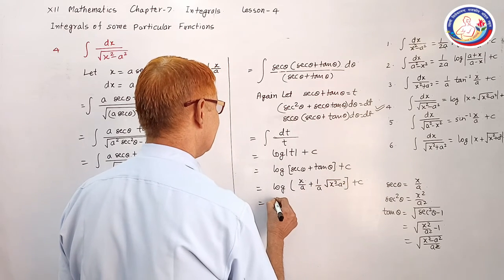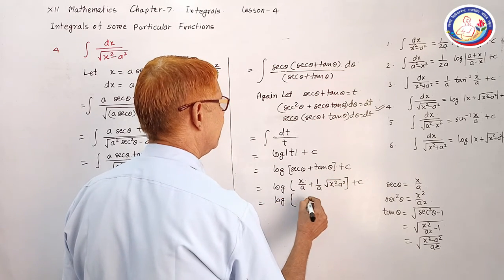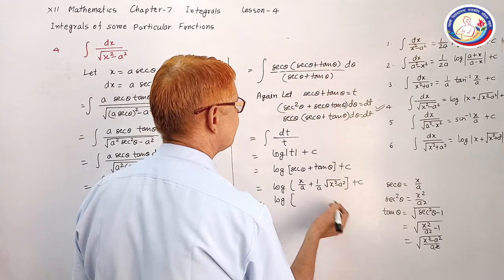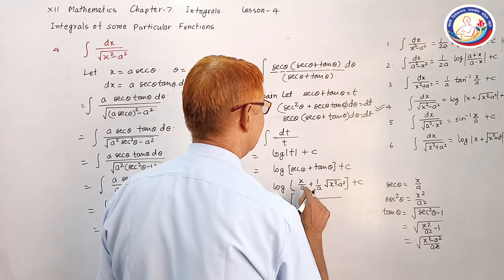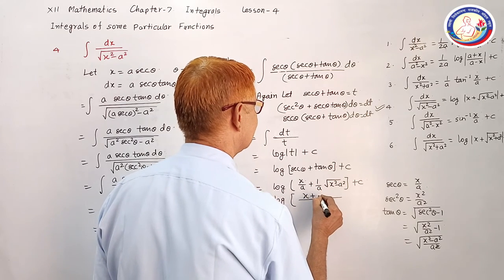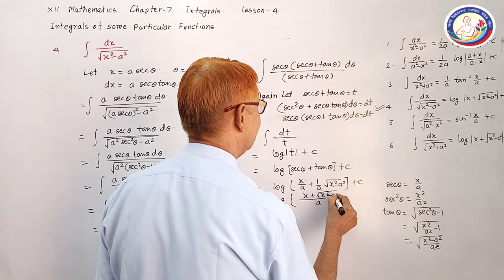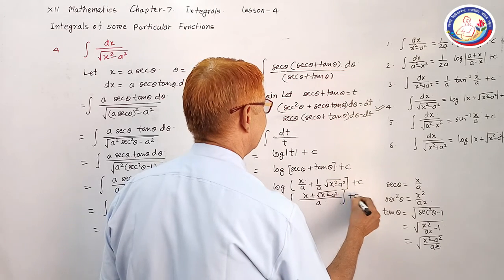Now solve it further. Log of, take a as LCM, a is in denominator, x plus square root of x square minus a square divided by a, plus c.